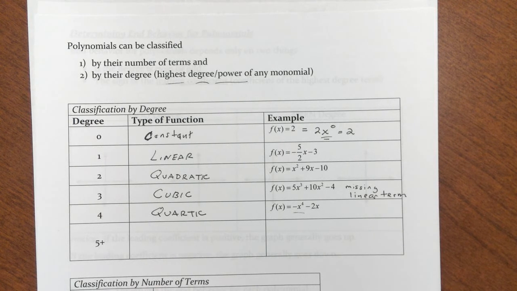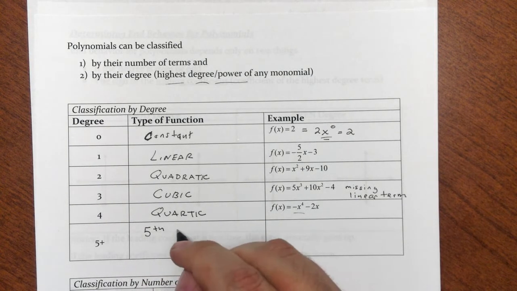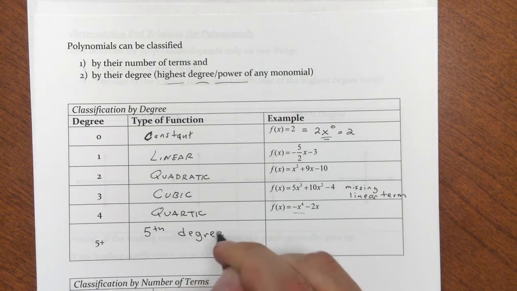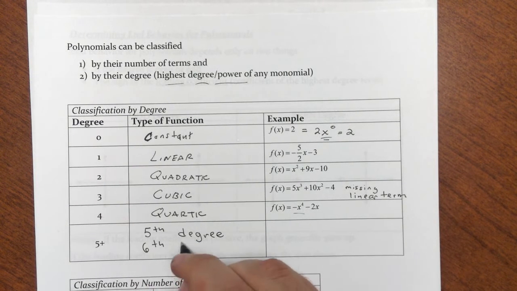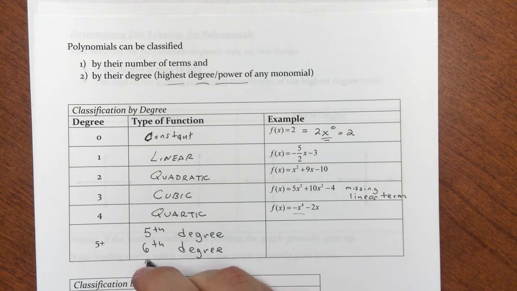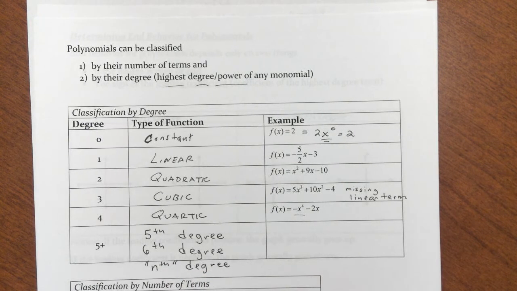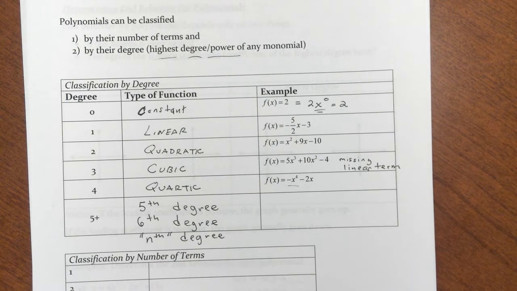If I have a higher degree, such as 5 or 6, there actually is a special name for a 5th degree polynomial, but we're not going to really bother to learn it. A 5th degree polynomial, 6th degree polynomial, that's exactly what we'll say. In general, we could say nth degree. So if I had a degree 10 polynomial, I would just call it a 10th degree polynomial.